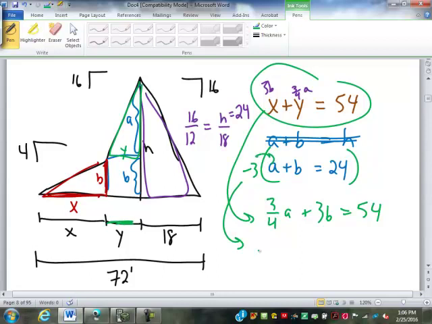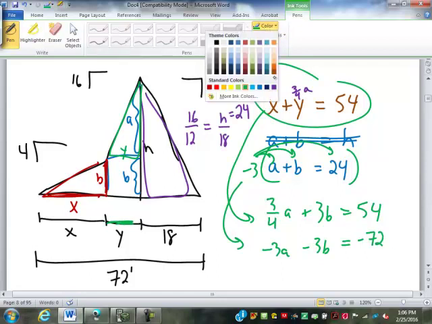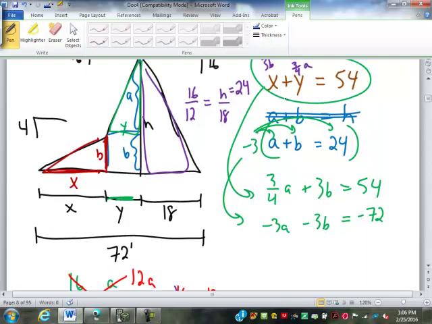So -3 times A is a -3A. -3 times B is a -3B. Equals -3 times 24 is a -72. And then what? We add them.